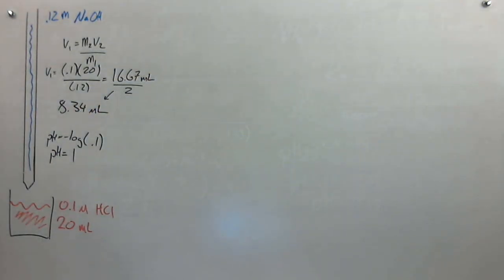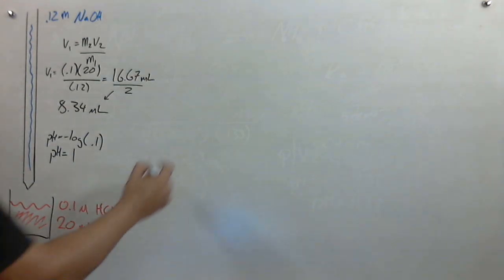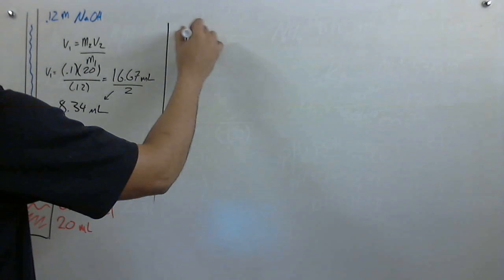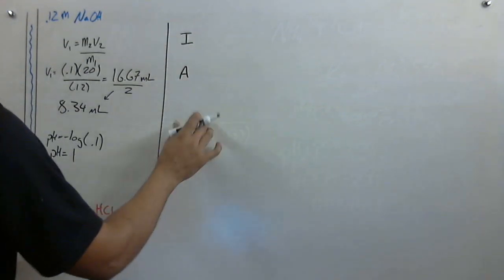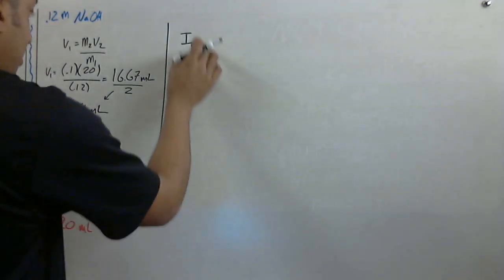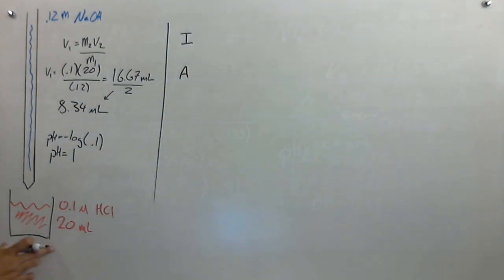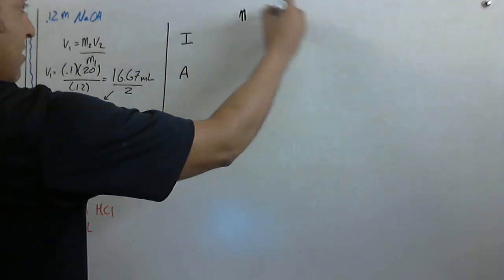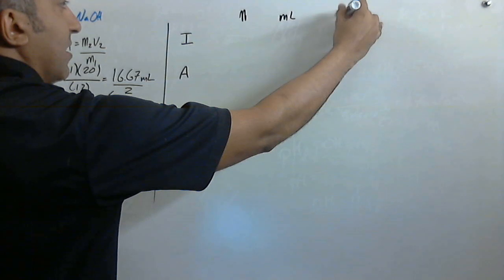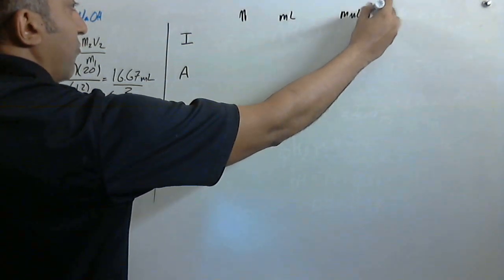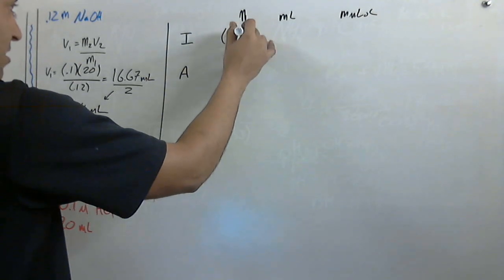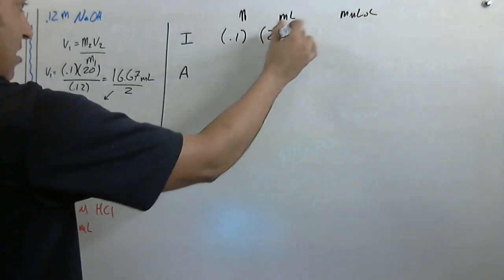Okay, so now that we know that, I kind of like to do this thing called an ICE chart. We do initial, added, and then the total. So initial, we're always going to have initial here with our beaker of our fluid. We're going to do molarity, milliliters, millimoles. Initially we had 0.1, and then we had a 20.